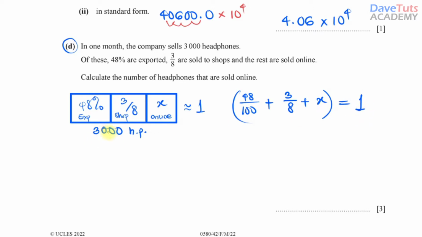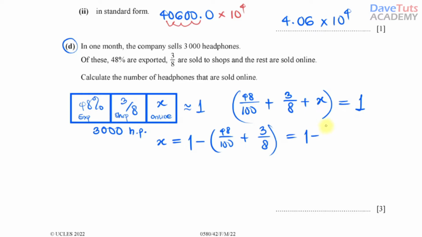So I can get an expression for X: X is going to be 1 minus the sum of 48/100 plus 3/8.